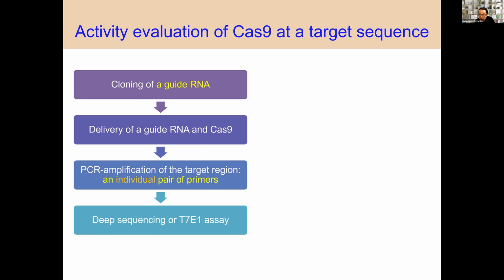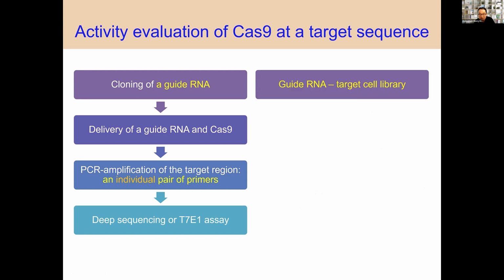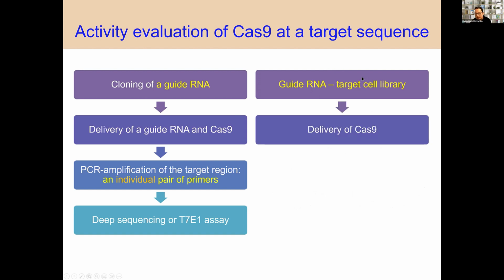So to evaluate the process in a high throughput manner, we change the process a little bit. We first generate the guide RNA and target sequence library. To this library, we deliver Cas9 or CPF1 or base editor and prime editors.